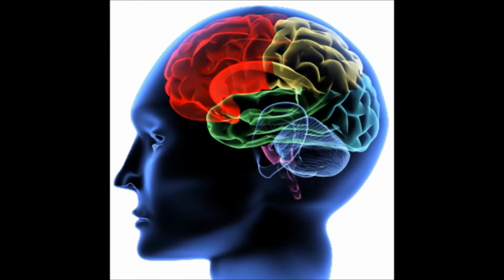And there are 4 cortical lobes. There's an occipital lobe, and the occipital lobe is at the back here of the brain, the caudal end of the brain. There is a parietal lobe here, which is in the middle and somewhat superior.